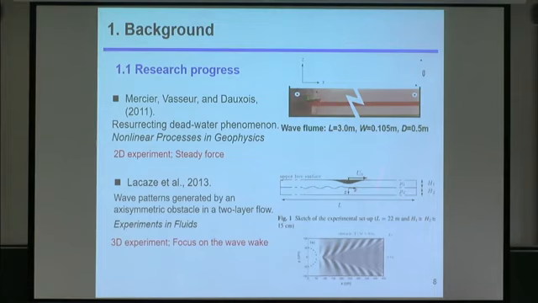That means the force driving the ship is constant, so the velocity will change. And this one is a 3D experiment, but here he focused on the wave wake behind the structure as an internal wave. So he didn't give the results of the dead water resistance.